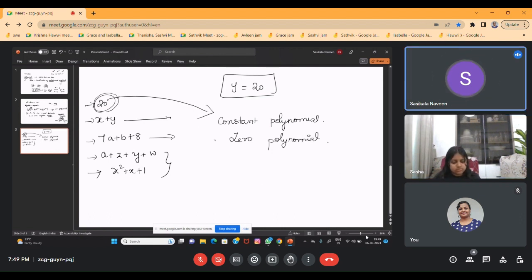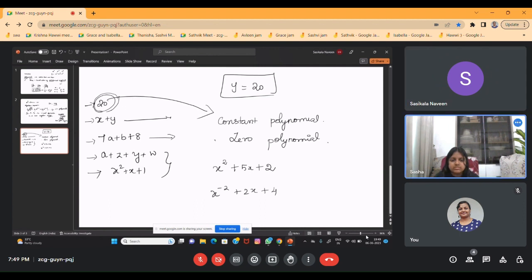If the exponent of the polynomial is a whole number, I'll give you an example, then you can understand it. In terms of exponent, how can we categorize the polynomial? Out of these two expressions, which is a polynomial? First one.